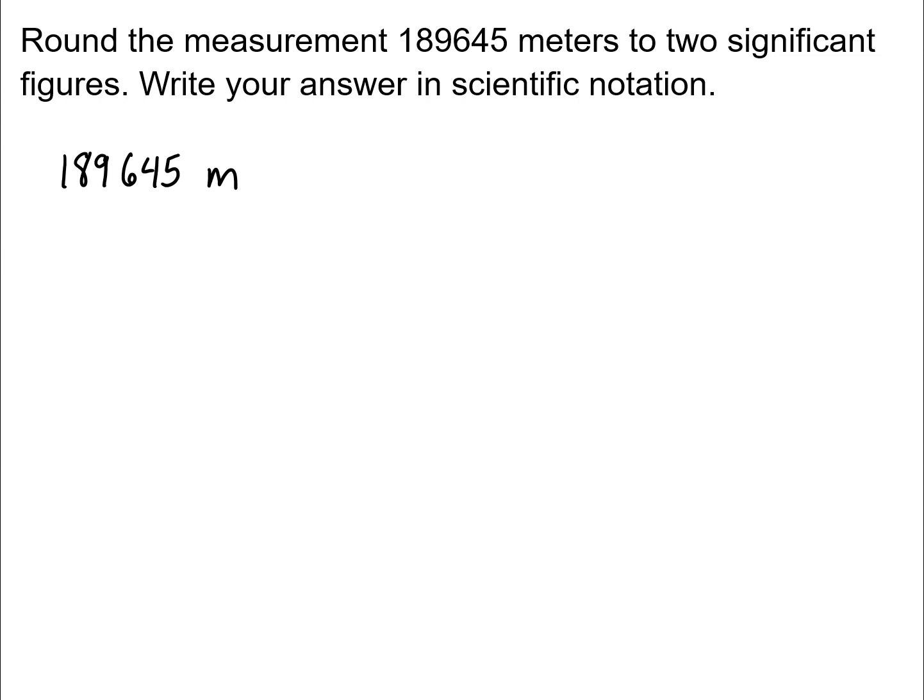You can tell me in the chat. It's going to be the one that we're looking to round up or down. So we're going to keep the 8 and look at the 9 for rounding. 9 is definitely 5 or greater, so we need to round up.